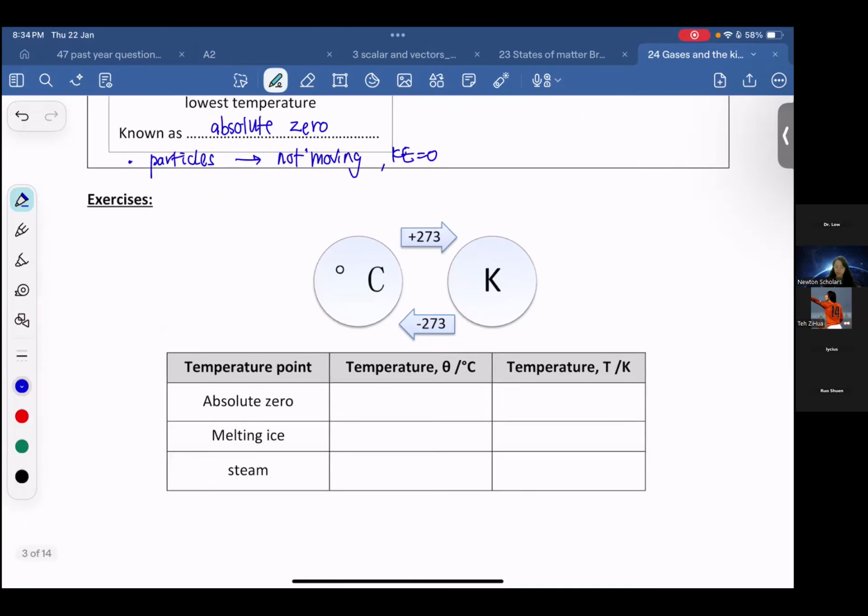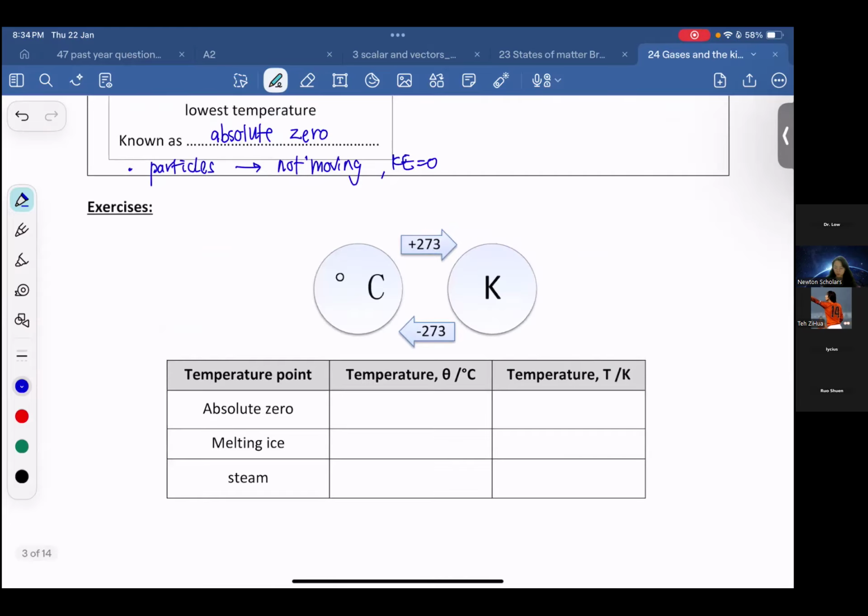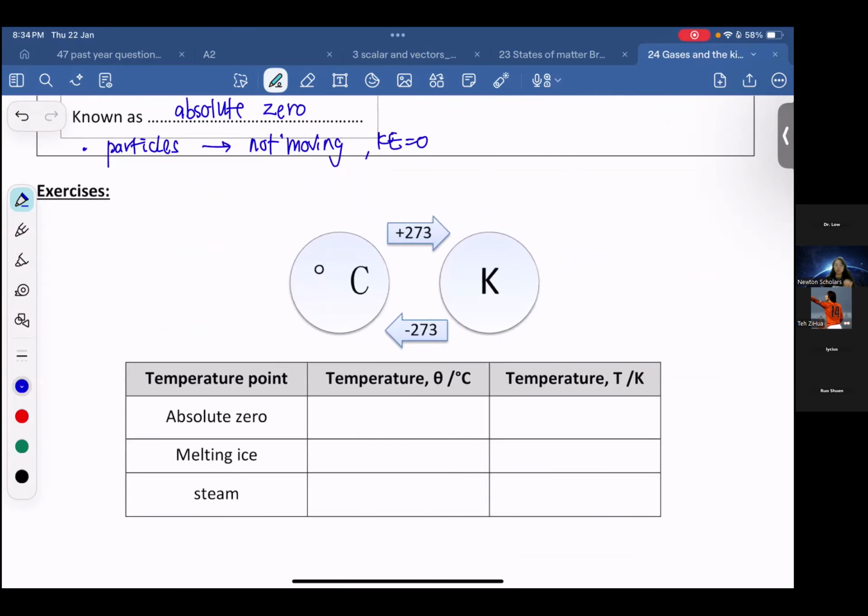Simple exercise. At absolute zero, what is the degree Celsius and what is the Kelvin? Melting ice. Dear, the first one, type your answer in the chat box for me. Absolute zero, what is your degree Celsius? What is your Kelvin? Type your answer in the chat box.